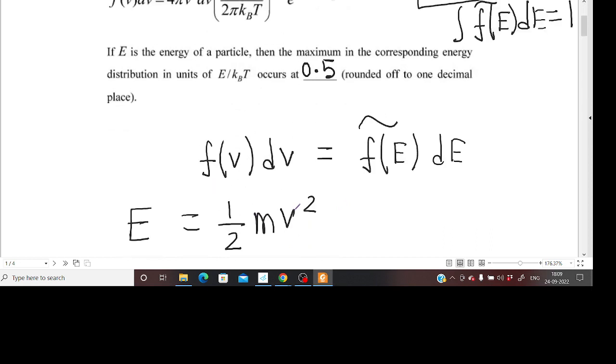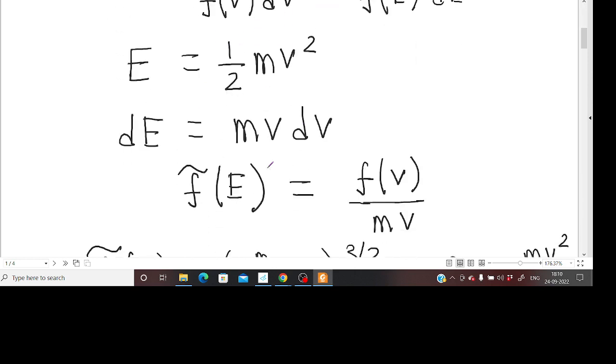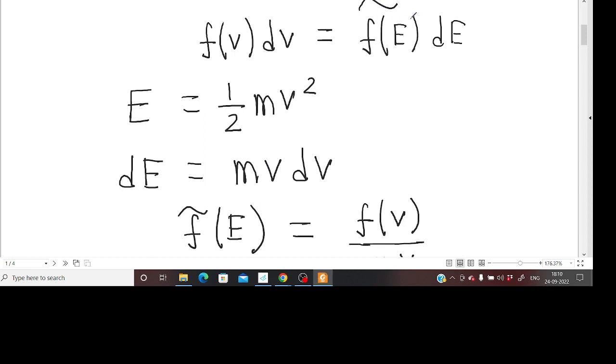Now you know that for non-interacting particles, ideal gas particles, the energy E is equal to half m v squared, where v is the speed and m is the mass of the particle. Now put this expression here, and let's find out this f tilde(E).